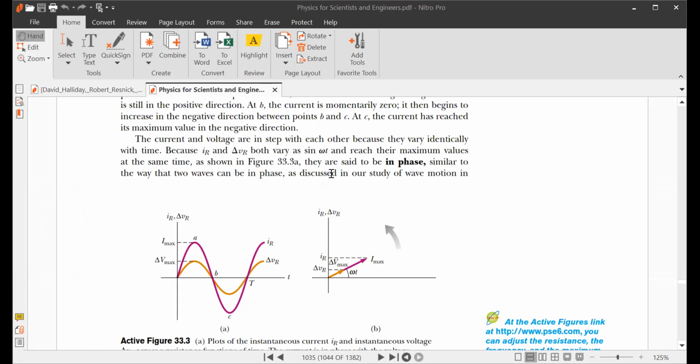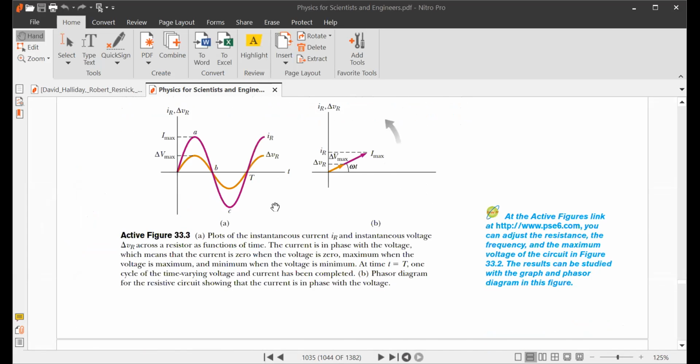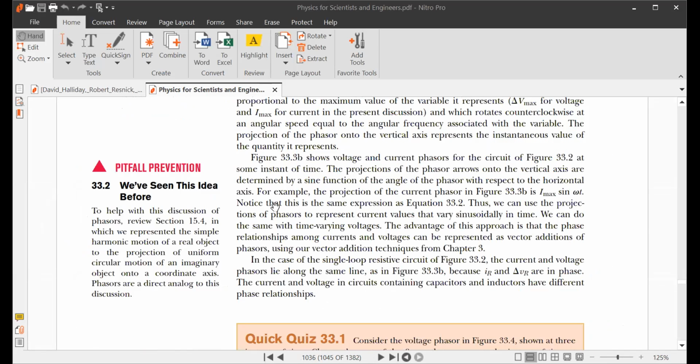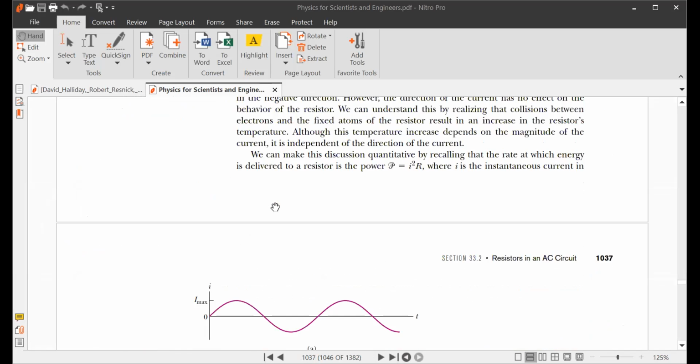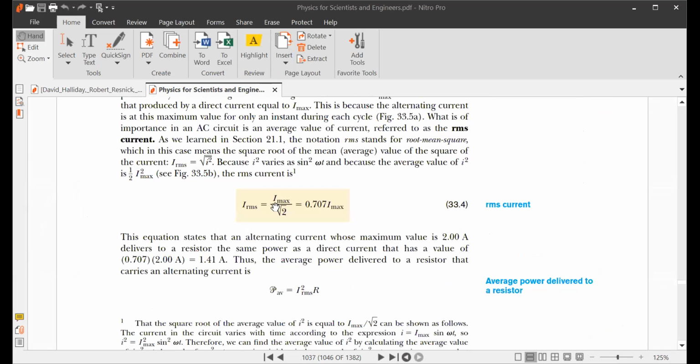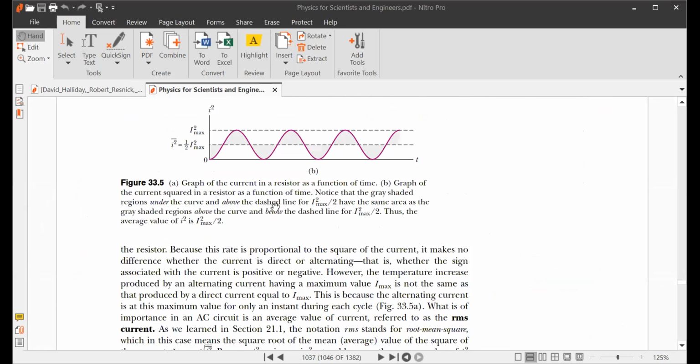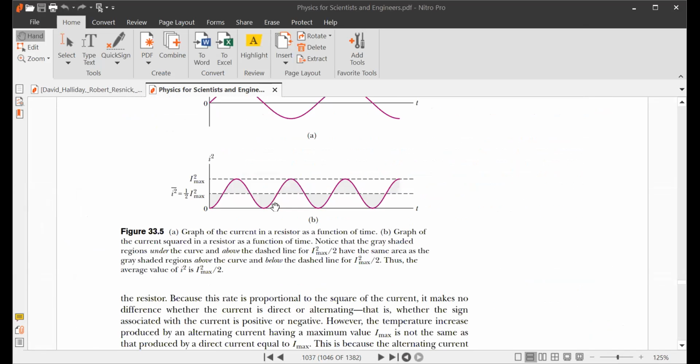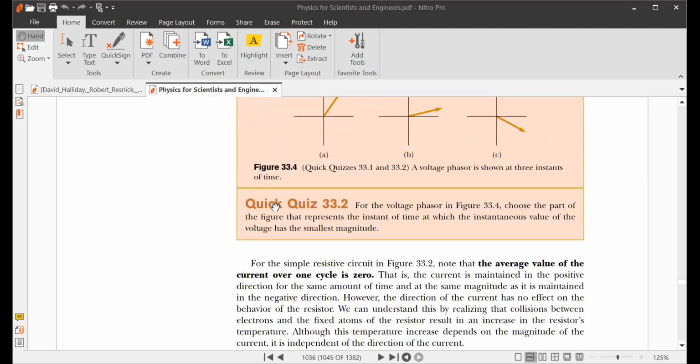Any question about this R circuit, this resistor circuit? No, I think it's the easiest one. Okay, we will come back and discuss it.